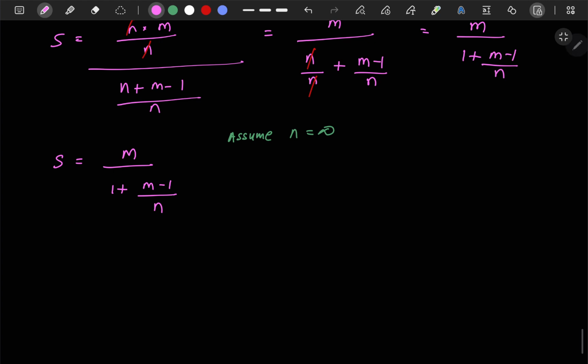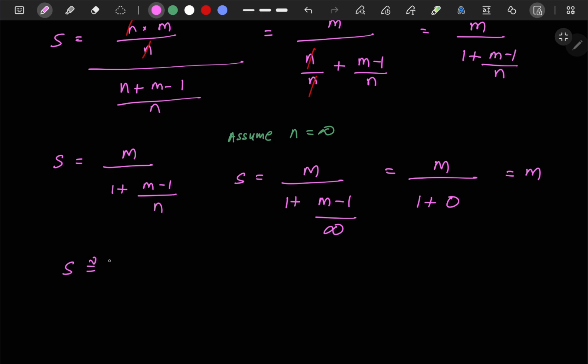So when you give an infinite number of instructions to the pipelining, then s becomes m divided by 1 plus m minus 1 divided by infinity. And when you divide anything by infinity, we already know that the factor becomes 0. So we directly get s equal to m.